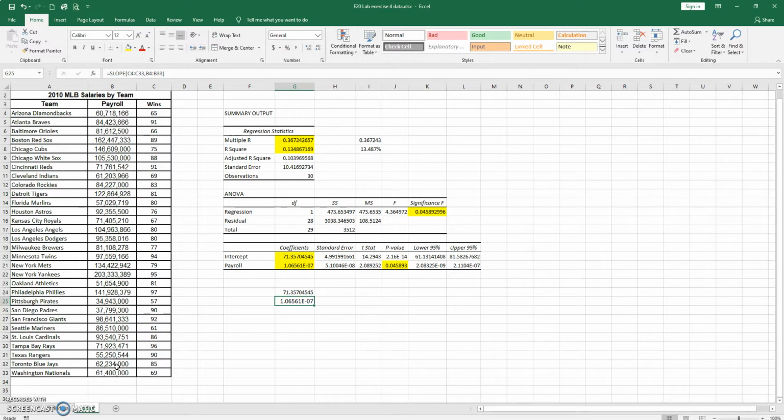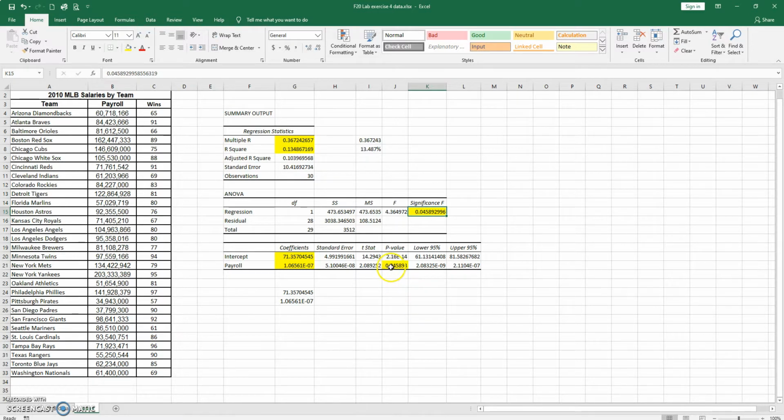Now the only value that we can't get is the p-value for the slope or the significance F value, which is the significance of the overall relationship. Because there's only one independent variable, these two values here are going to be the same. Now the question asks us to determine if there is a significant relationship between salary or payroll and wins at the 5% level of alpha.